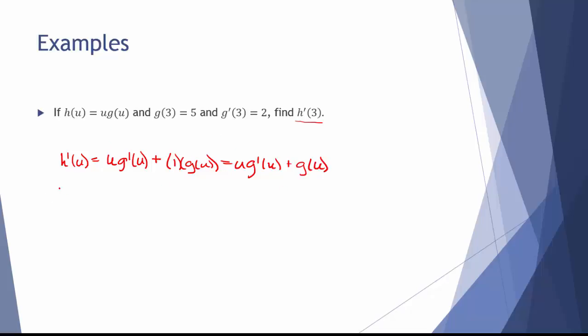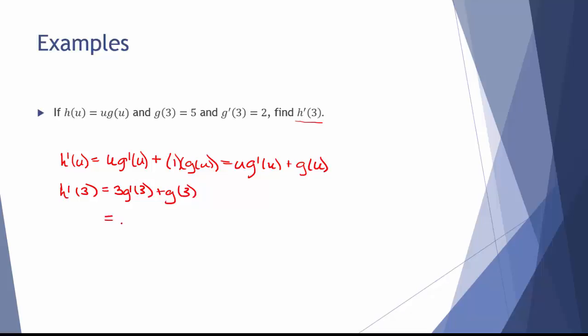So now if that's the derivative of h with respect to u, what do we get for the derivative of h specifically at 3? That says the same thing it's always said. Plug in 3 everywhere you see u. So instead of u, I write 3. In the derivative of g, instead of writing g prime at u, I write g prime at 3. And then plus g of 3.